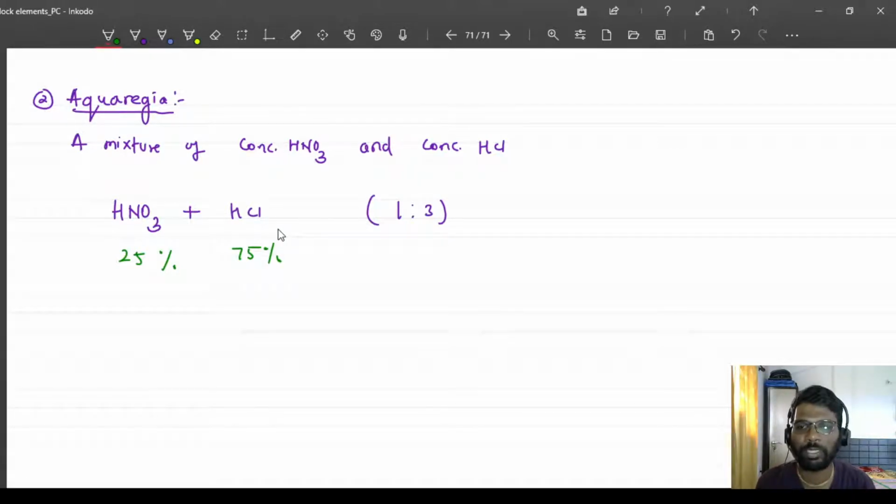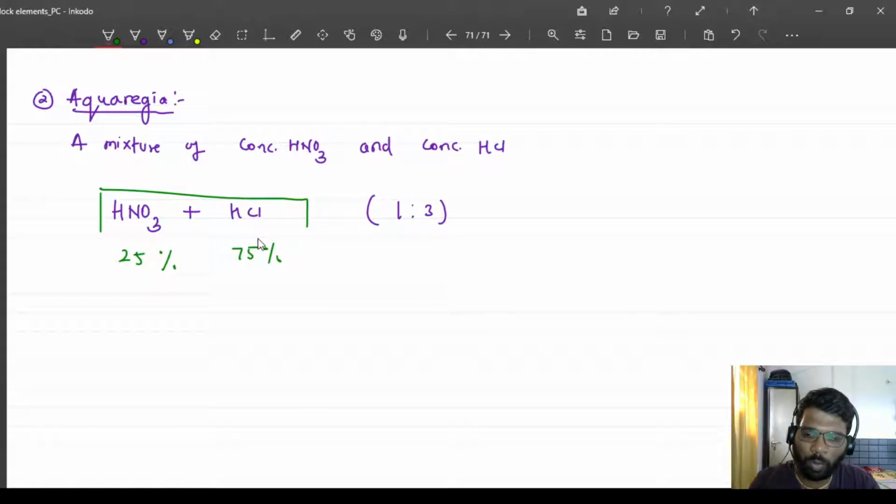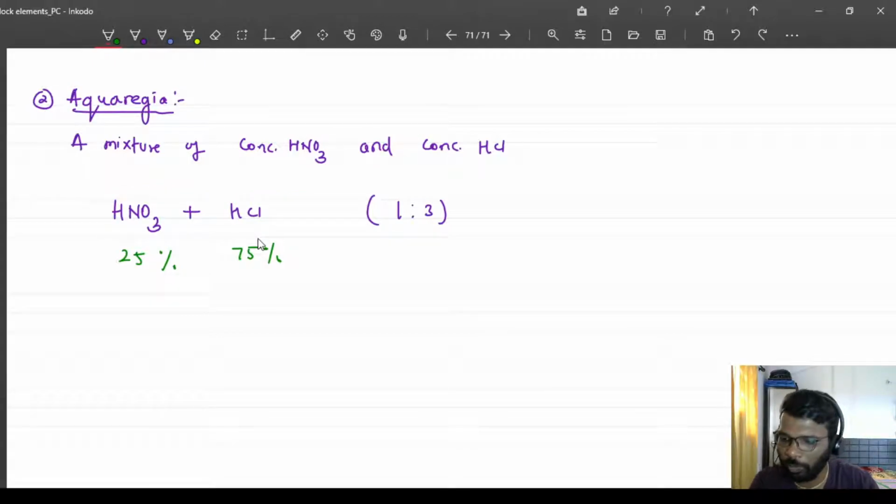Now, what happens if you take the mixture? Noble metals like gold and platinum can dissolve in this aqua regia. Means I can write HNO3 plus 3HCl. This is the reaction. What is given?